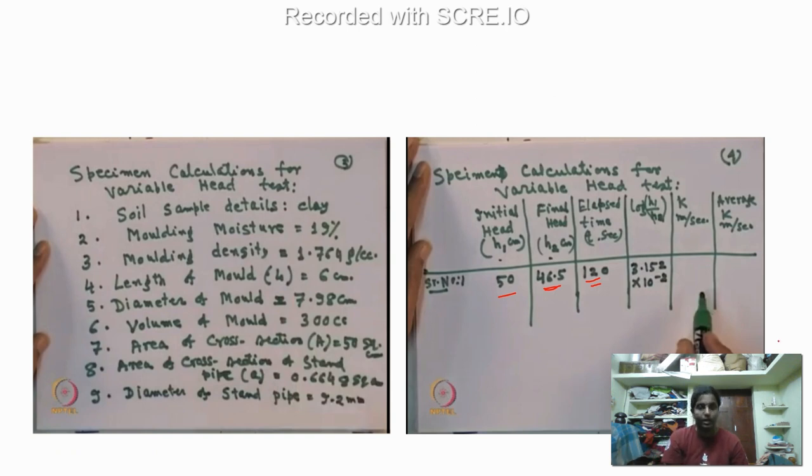That's why your falling head test is not suitable for coarse grained soil. Here the water will be flowing at a very slow rate. Once you open the valve, the water will be coming in drops. So you will be noting down the time taken for the head to come from 50 to 46.5.